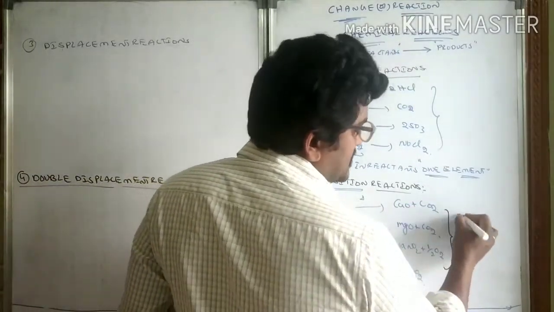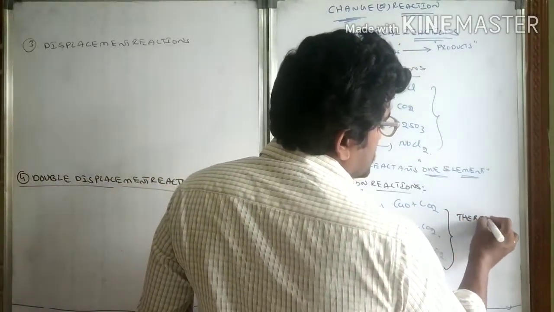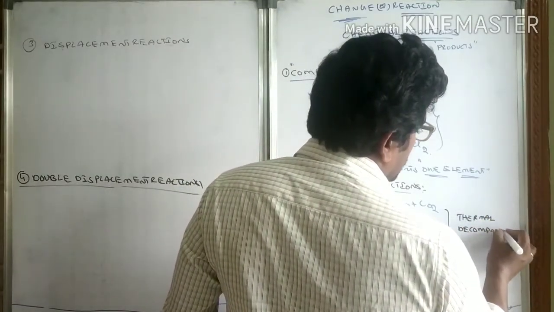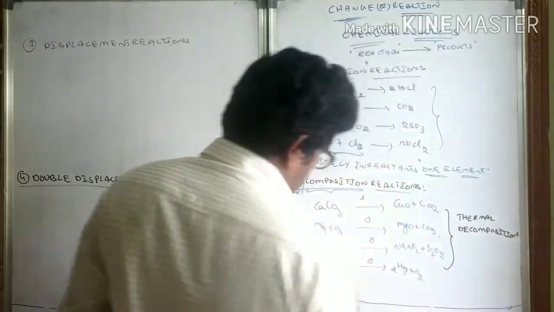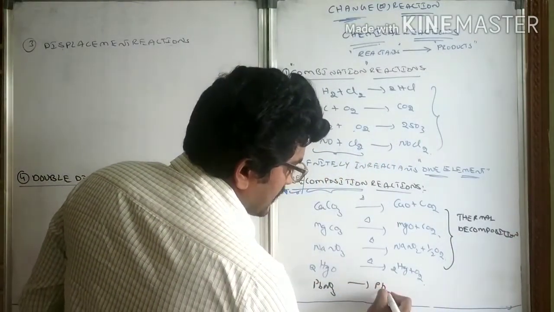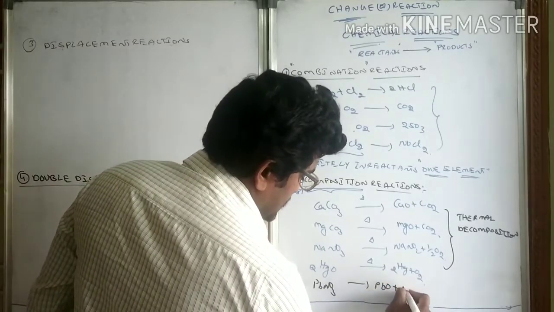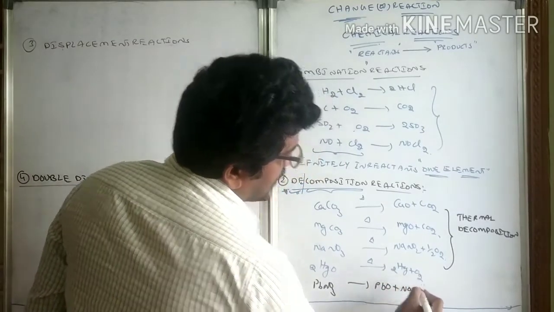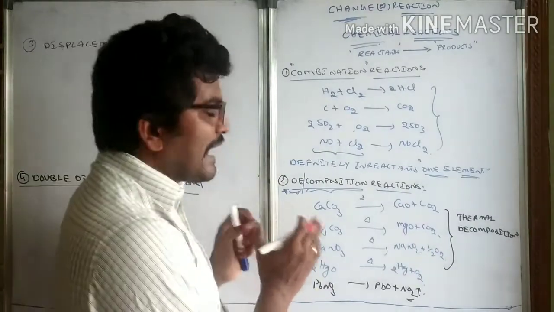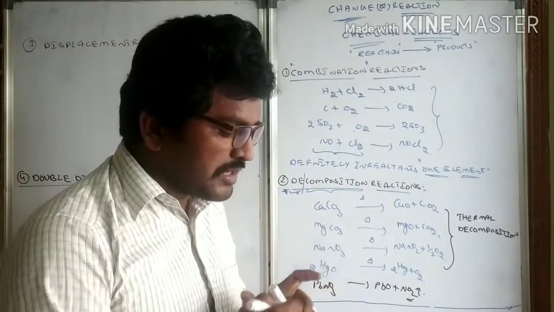Since by heat these are decomposed, these are known as thermal decomposition reactions. If you take PbNO3, it gives PbO plus NO2. Like this, a number of examples are there. Sir, how can I identify decomposition?